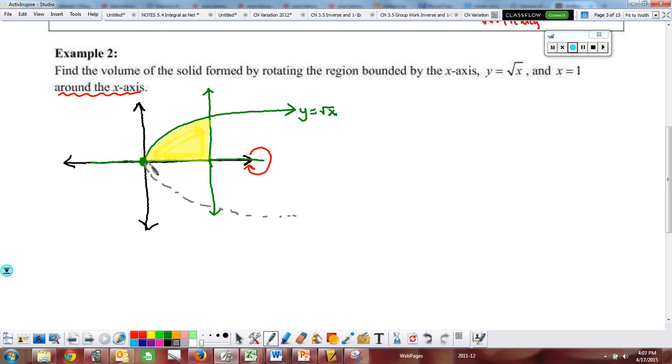I wouldn't worry about it here because we're starting at a kind of point, but anytime there's a wide area that you're spinning around, I like to take the points and say, well, if I spin this point, it's going to spin around to here and then spin around to here.